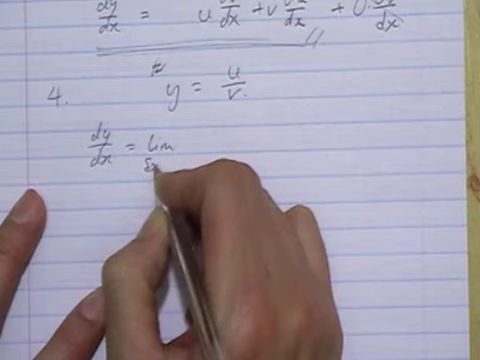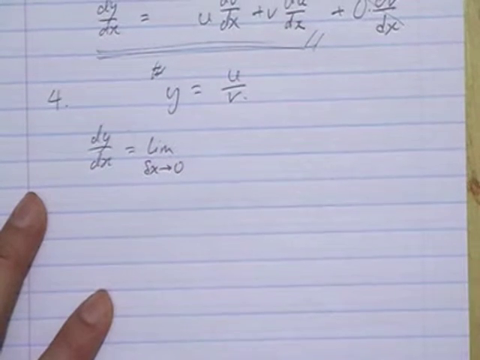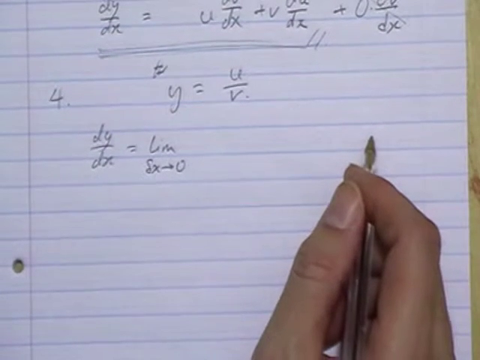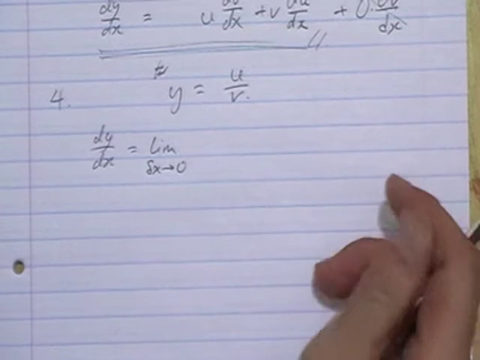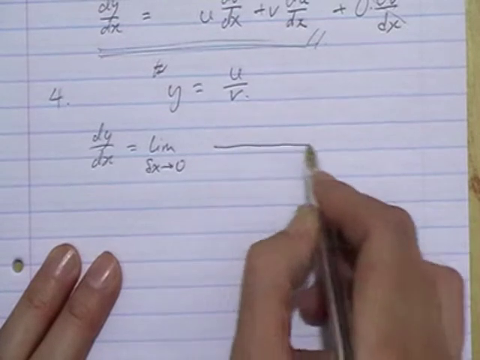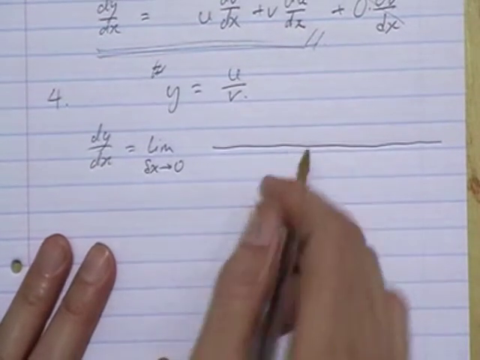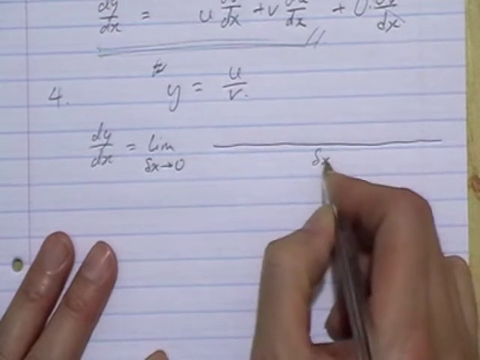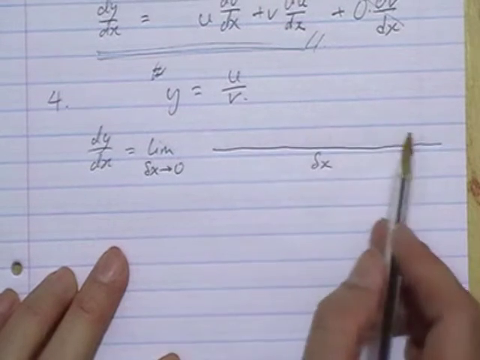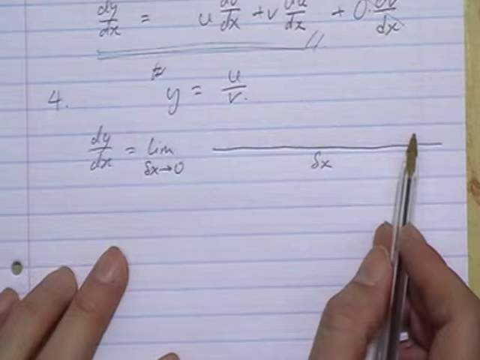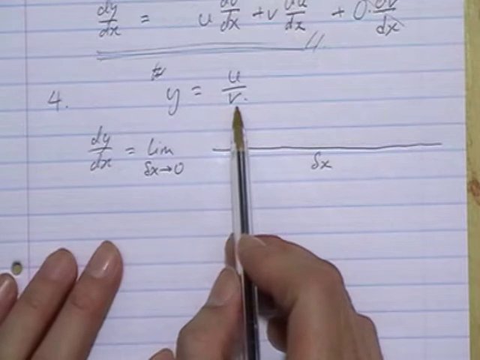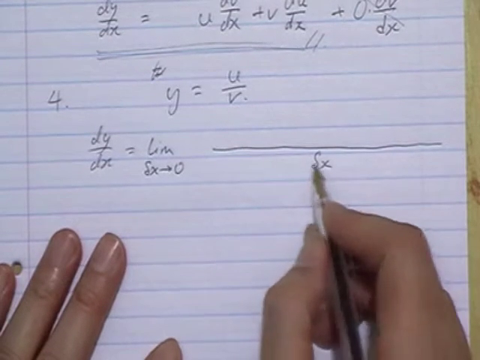Limit as delta x tends to 0 of, okay, this would be a little bit more complicated. At the bottom we have delta x as always. At the top we want to write down the change in this when x increases by delta x.